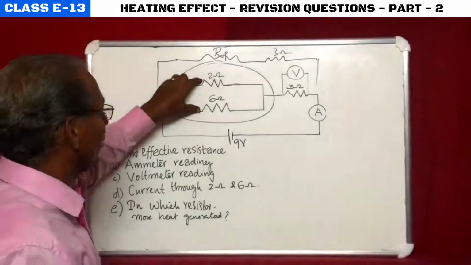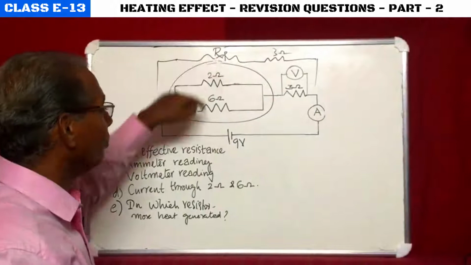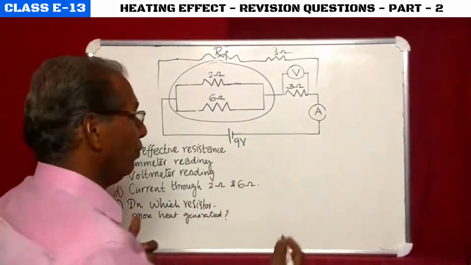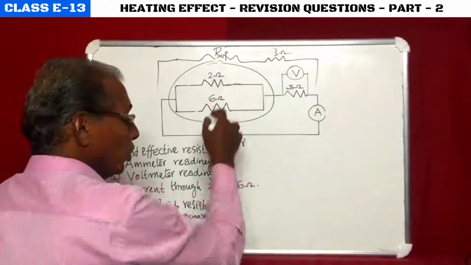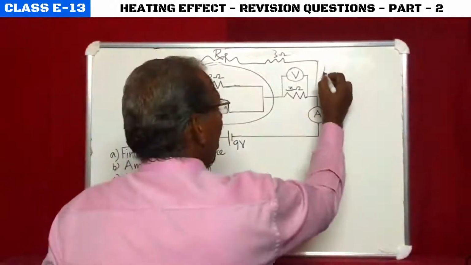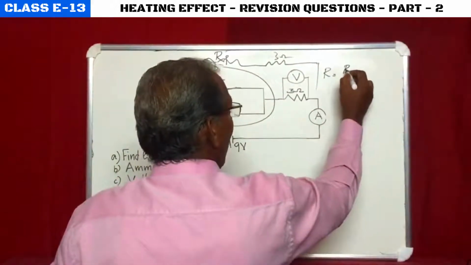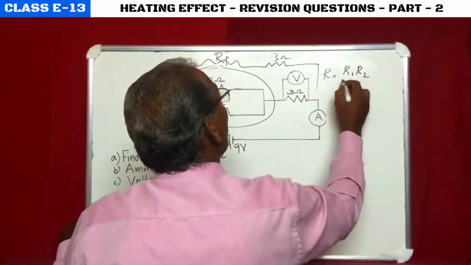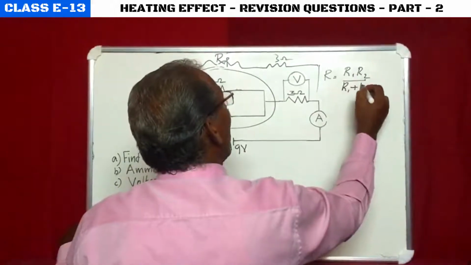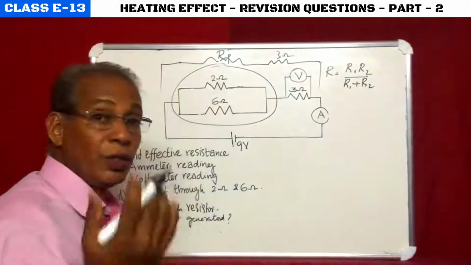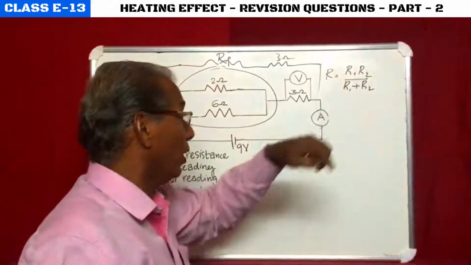So first we calculate the effective resistance RP. We have studied that if two resistors are in parallel, R is equal to R1 R2 by R1 plus R2. That is the equation for resistors in parallel.